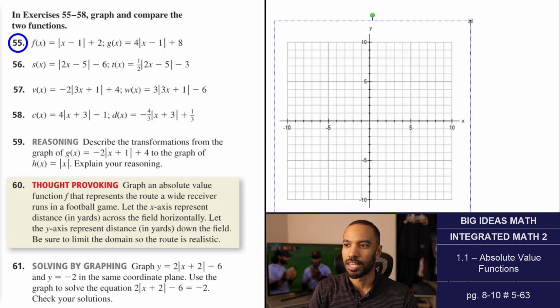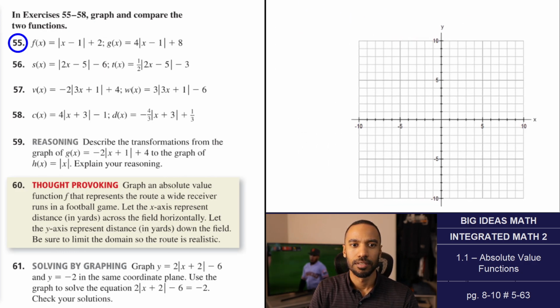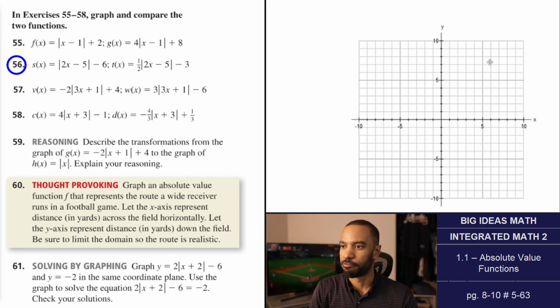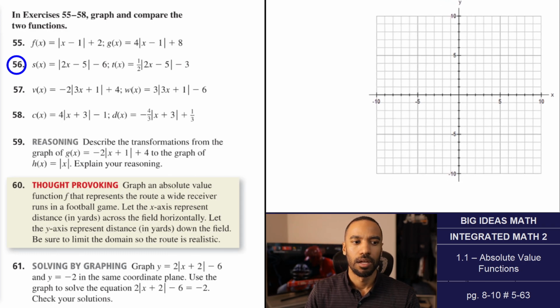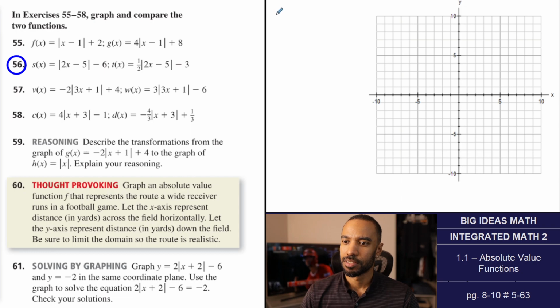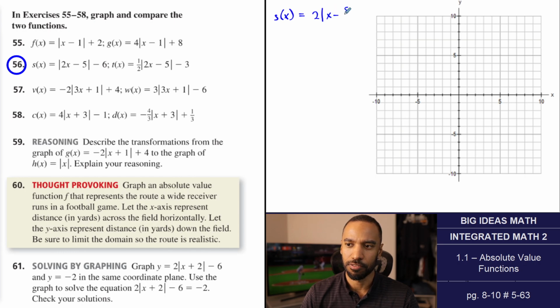Number 56. All right, we got to do some factoring here. This time, actually, I have to write them out. All right, S of x equals, so I'm factoring the 2 out. 2 times the absolute value of x minus 5 halves, minus 6.